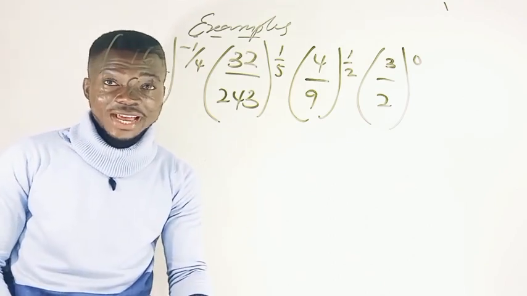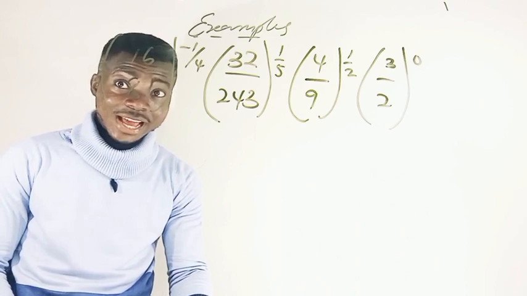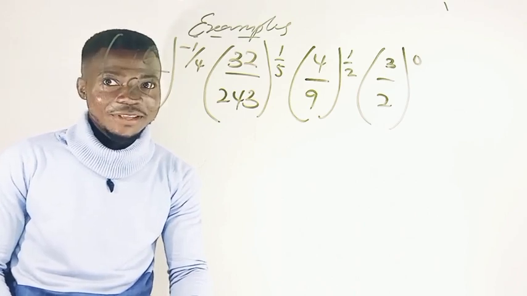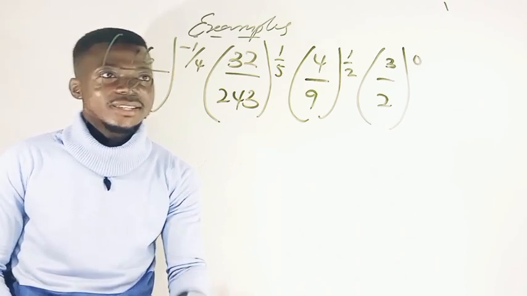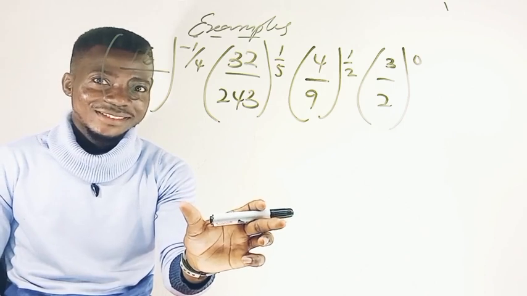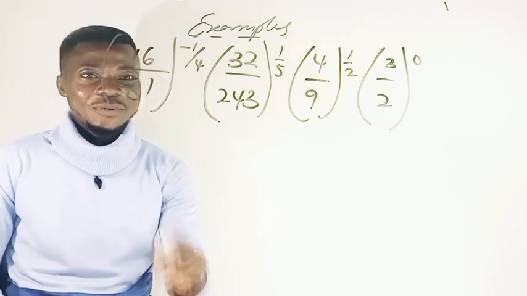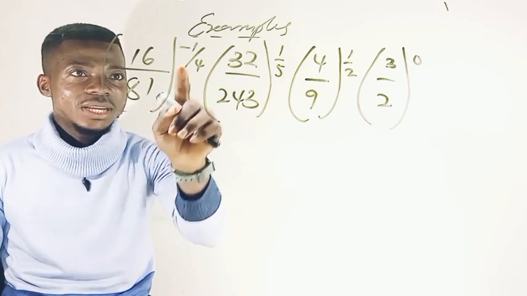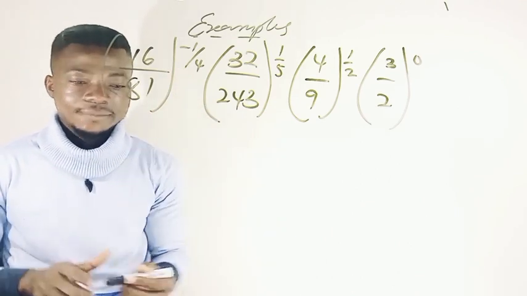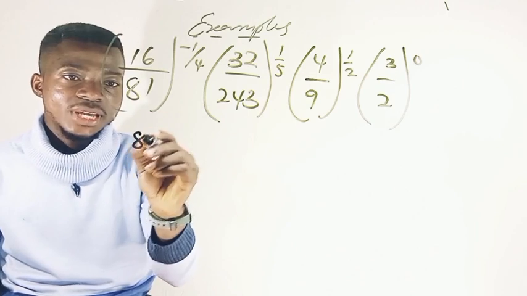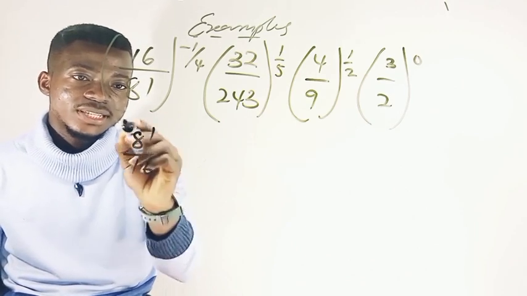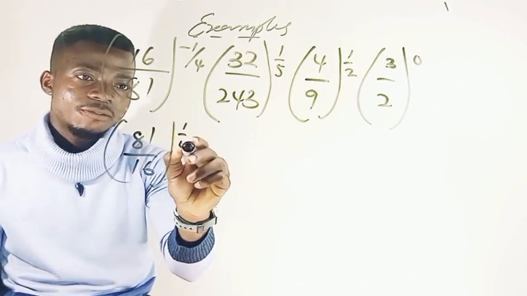So try a hand on that. Yes, you're going to do this one. So solve this one. Let me see what you're going to get. This is for you to do. What you have to do, you see that this one, we have to reciprocate it. Okay, so that is going to be 81 over 16 we have 1 over 4.